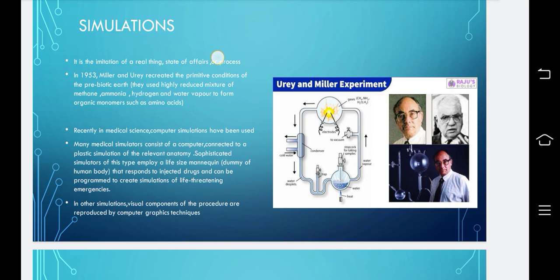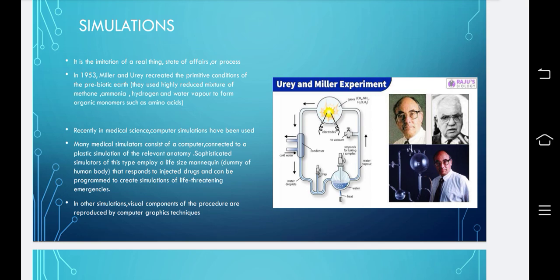For example, it's impossible to go back in time to study the origin of life. So we conduct experiments. It's possible to recreate in a laboratory the conditions prevalent during the time of the origin of life.